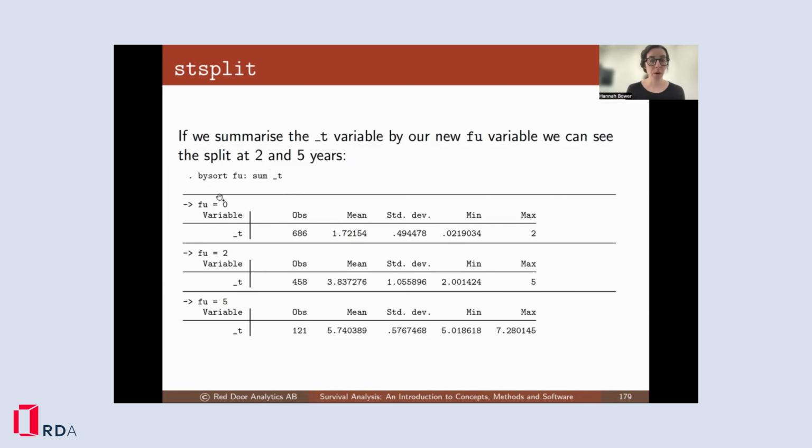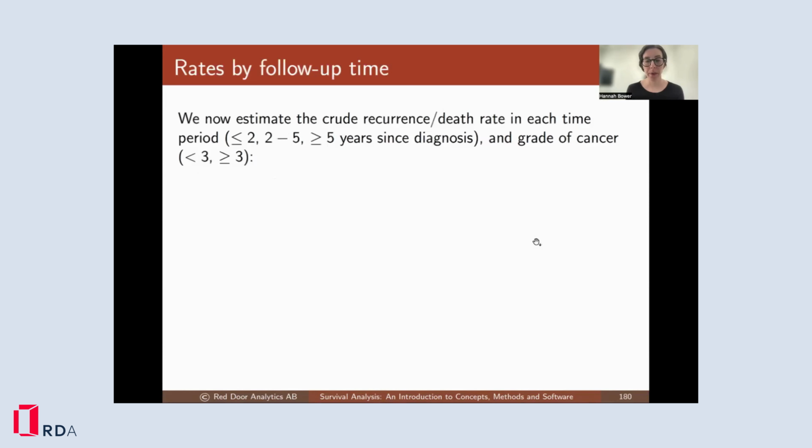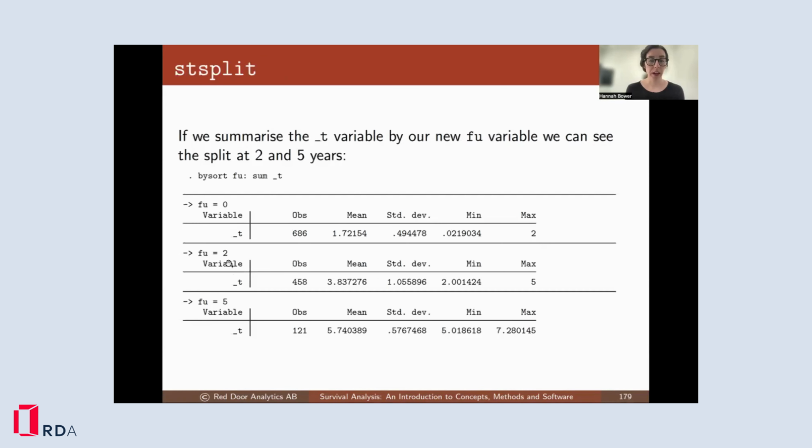Then we can see that when FU is equal to 0, we are looking at between 0 and 2 years of follow-up. If FU is equal to 2, this is when we follow from 2 to 5 years. And then FU is equal to 5 follows individuals from 5 to a maximum of 7.28 years. So the values that FU takes, 0, 2, and 5, represent the left-hand side of those time intervals.